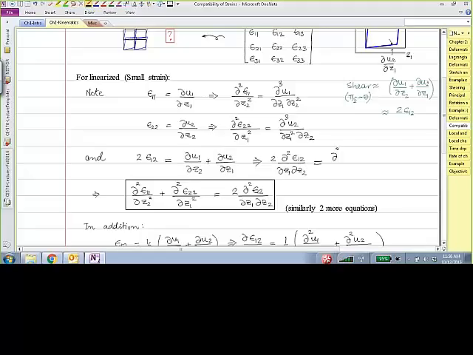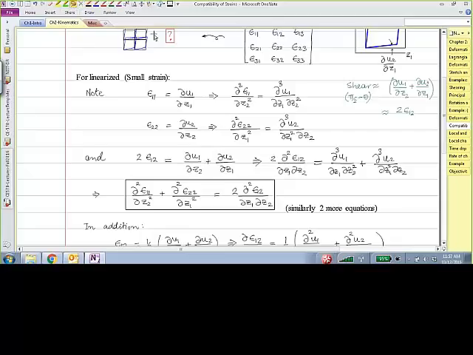We get partial cube of U1 over partial Z1, partial Z2 squared, plus partial cube of U2 over partial Z1 squared and partial Z2.